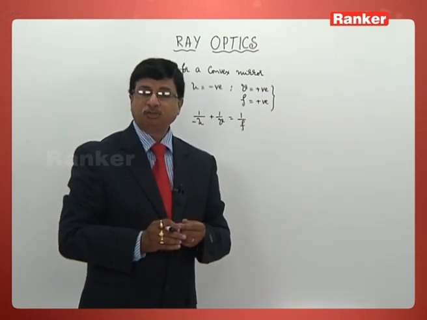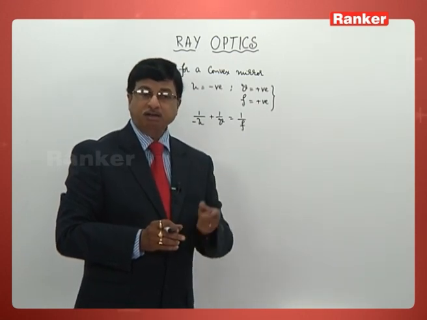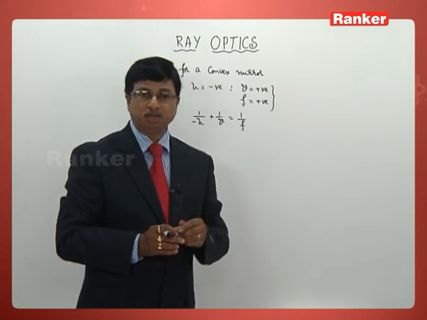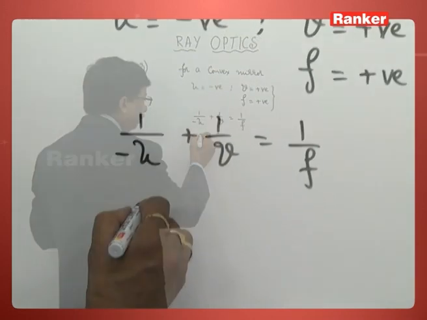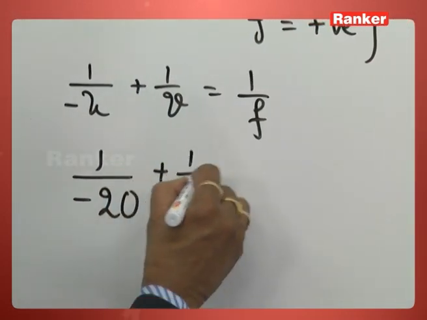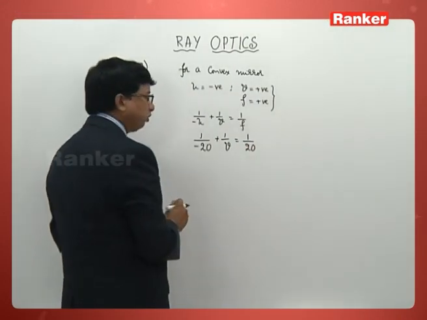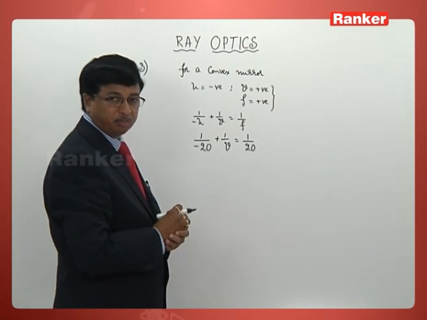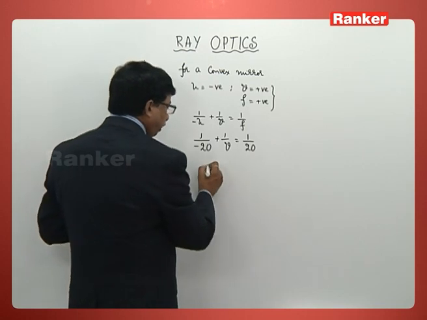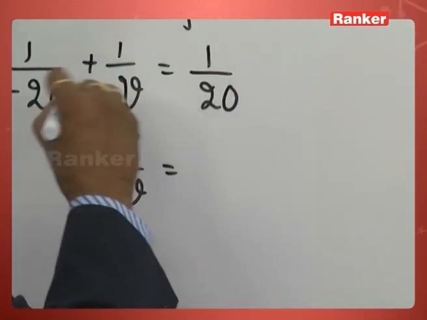Now what are the values he is giving us? Focal length is given 20 centimeter and real object is placed also at a distance of 20 centimeter from the pole of the mirror. So we can directly write this way, it's minus 1 by 20 plus 1 by v is 1 by 20 with positive sign, because focal length will definitely be taken positive for a convex mirror. Now what can we write from this one? 1 by v now becomes 1 by 20 going that side.